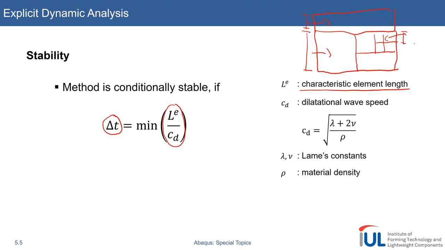Take that characteristic element length, the smallest of this very element, indicated by the min here, and you have to calculate the dilatational wave speed, and then you basically divide the two. What goes into the dilatational wave speed is the material density and the Lamé constants. So the Lamé constants are given through your elastic material properties.